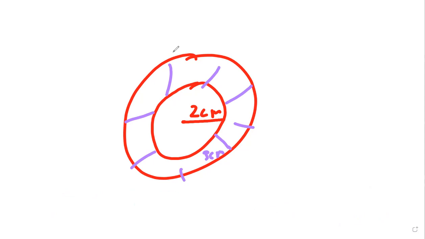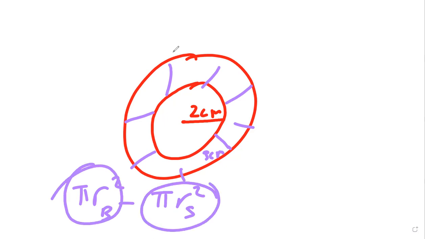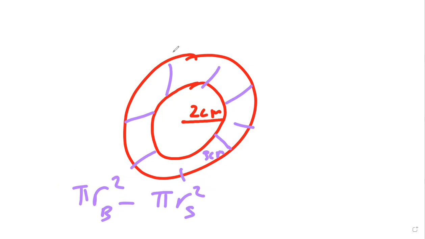So my formula would actually be pi r squared minus pi r squared. Let me put a subscript at the bottom: this is the big circle, this is the smaller circle. S for small, B for big. I'm going to put the big circle's information right here and the small circle's information right there.